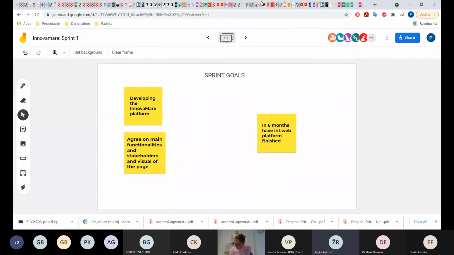For this project we do use project management tools like Monday, but the web interactive platform is just an activity of the project.